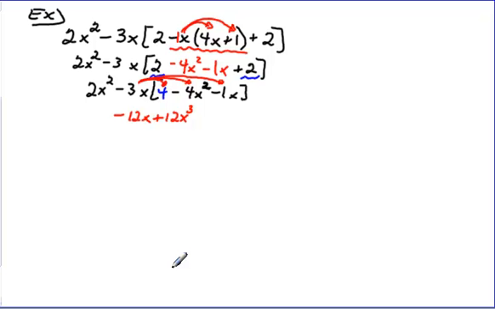Negative 3 times negative 1 gives me positive 3, and then the 2 x's give me x squared. Very good. Okay, and then we still have this out front. I always have to ask myself, can I combine any like terms? Can I? 3 plus 2 gives me 5.